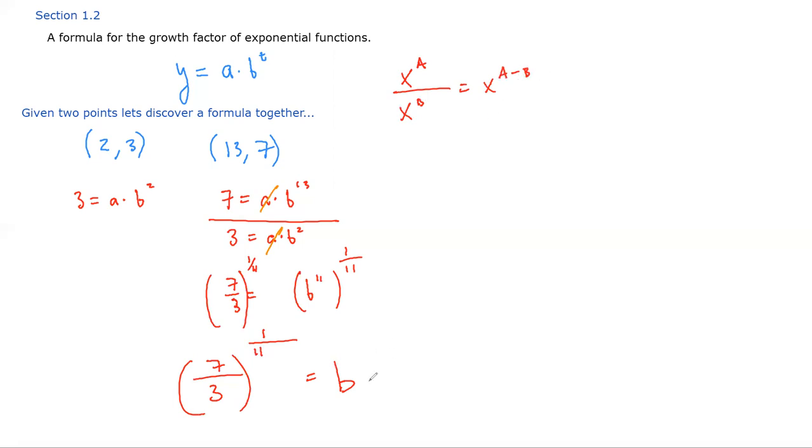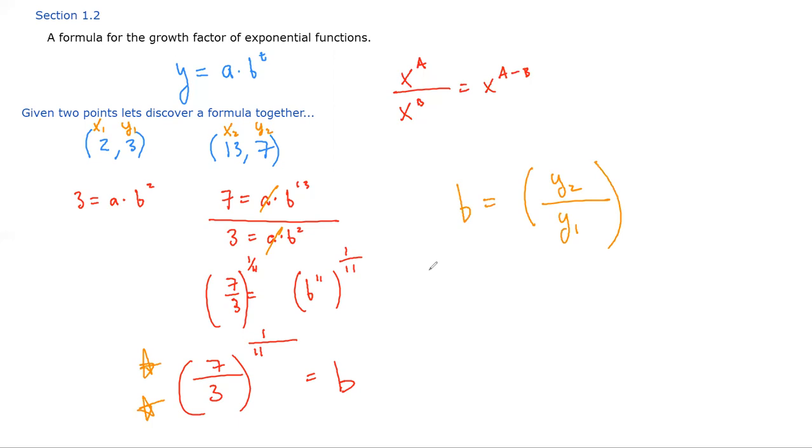Now, what I'd like to do is, let's take a look here. If this is x1 and I have y1 and I call this x2 and y2, we can certainly generalize this formula. And so we can say that b is equal to 7, which was y2, divided by 3, which was y1.